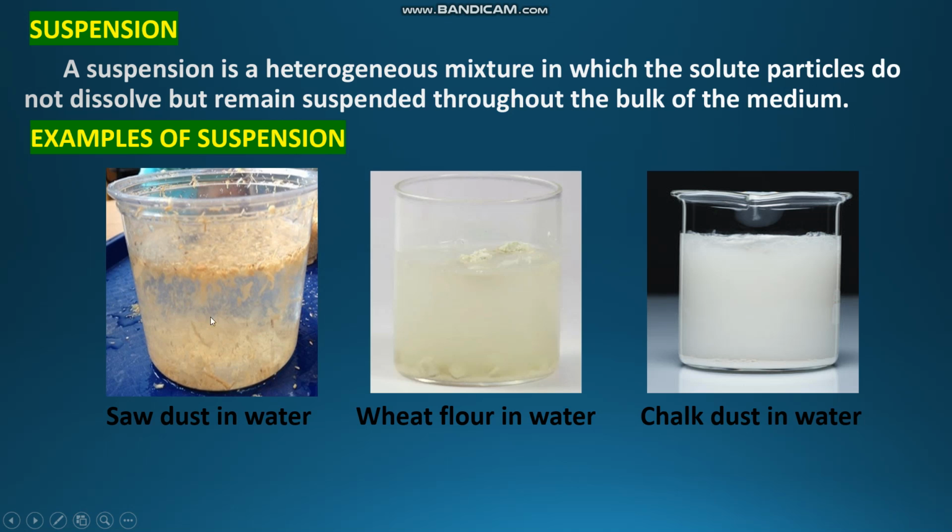Bulk means the total, overall medium, it gets suspended. So wheat flour mixed in water, we are getting a suspension. If chalk dust or chalk powder is mixed in water, we are getting a suspension. So these are the examples of suspension: sawdust in water, wheat flour in water, chalk dust in water.